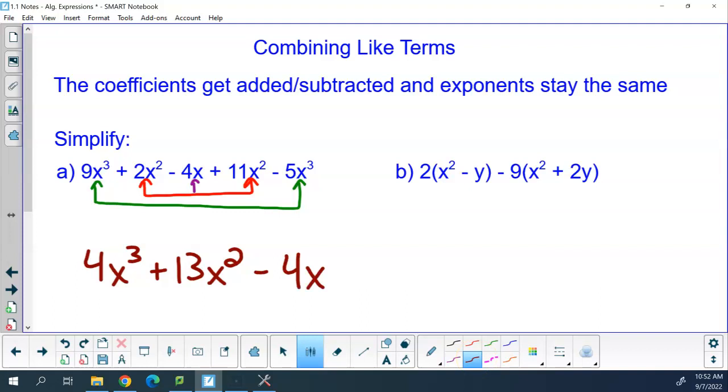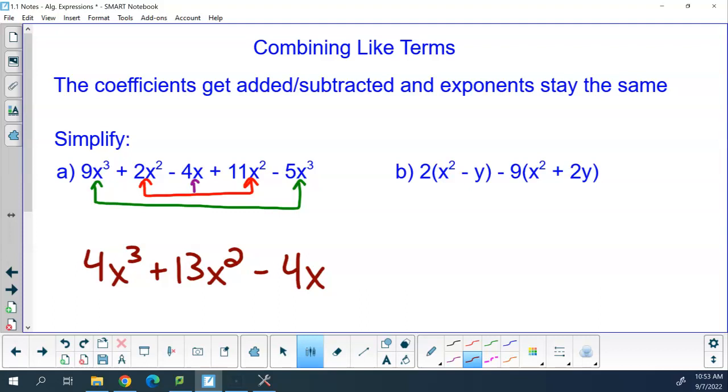Okay? Now, you would be shocked at how many times on this particular problem that I've gotten 13x to the 6th power. But nothing else can be combined.